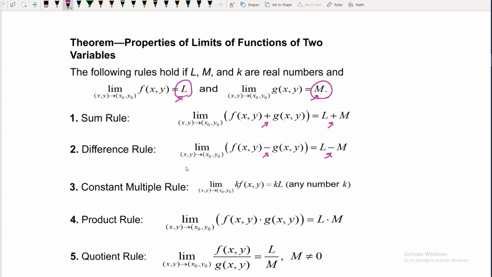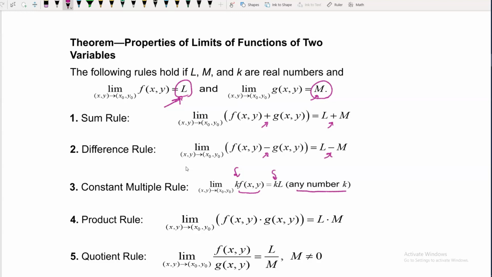Limit as (x, y) approaches (x naught, y naught) of constant k times f of x, y is equal to k times limit of f of x, y, based on what we had here, it is L, so k multiplied by L. So this k is any number.